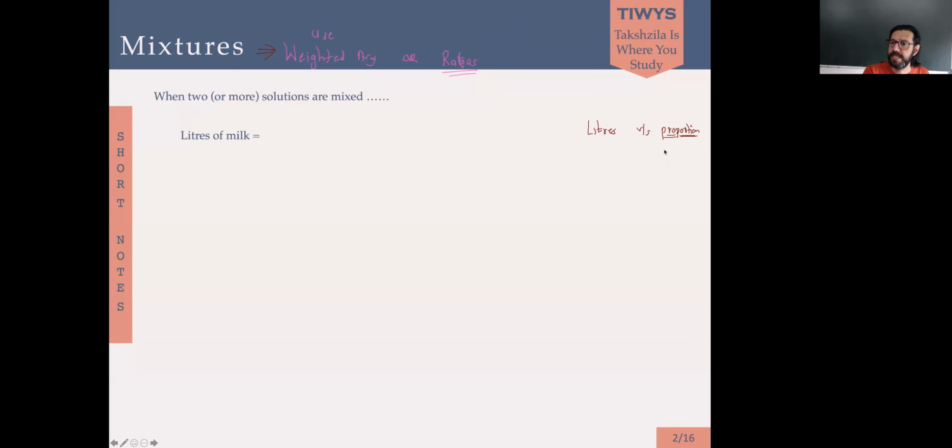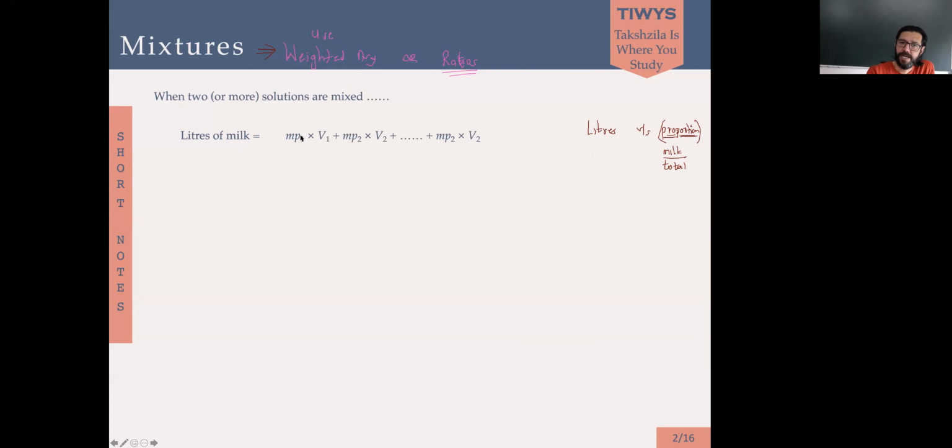Proportion is nothing but milk to total. Proportion is a fraction, milk to total, and it will always be less than 1. Proportion can also be expressed as a percentage. Whereas liters is liters, what we all know. So the liters of milk in the final solution, students, is just the proportion into volume.